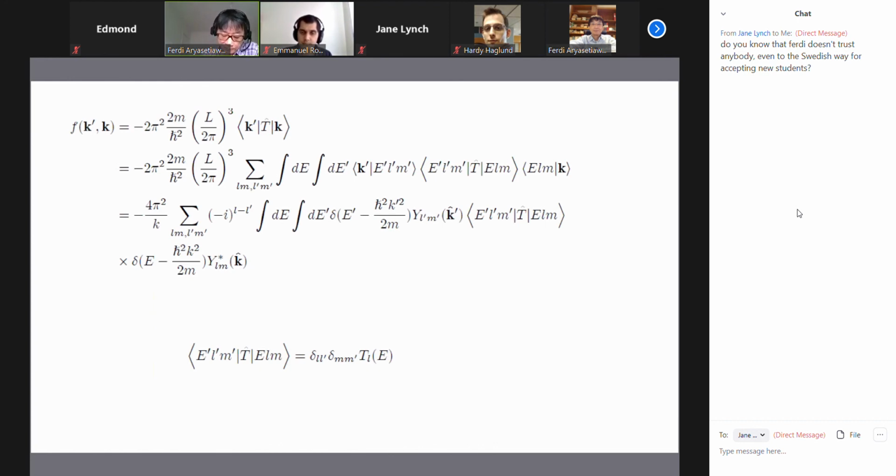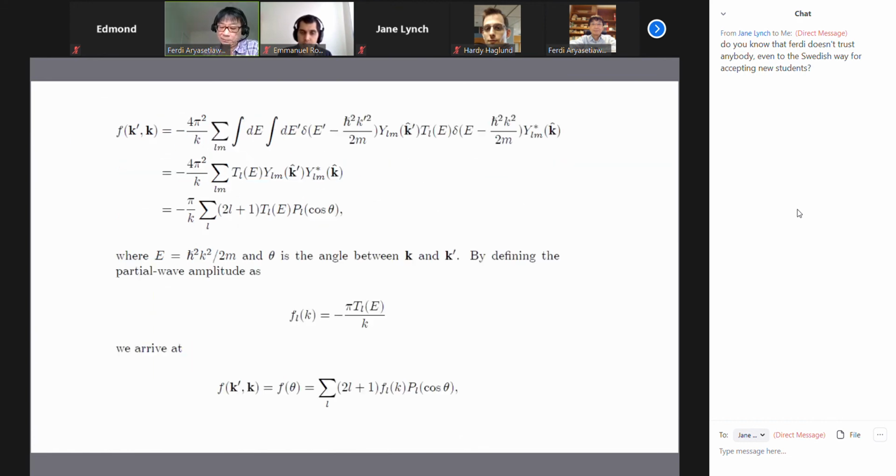So we use this expression here in the next slide. Because of the Kronecker delta in L L prime and M M prime, the sum over L prime and M prime disappears.